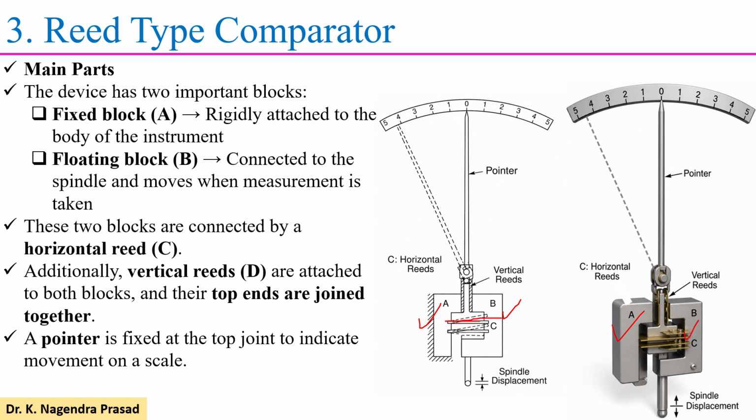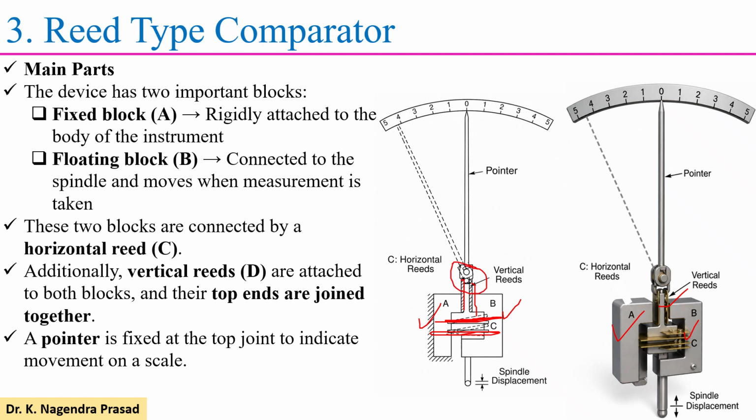Here they are in the horizontal position. These two blocks, the fixed block as well as the floating block, are both connected by the horizontal reeds, and moreover there are vertical reeds also. These vertical reeds are attached to both blocks and their top ends are joined together.